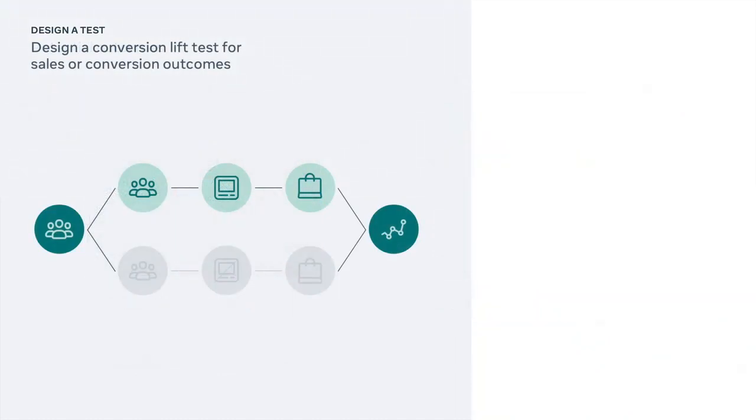With a conversion lift test, you compare sales or conversion outcomes of people who have seen your ads with people who haven't. This comparison conveys the incremental, online, offline, and mobile app business your campaign has generated. A conversion lift test firstly randomly assigns people from a target audience to either a test group or a control group.